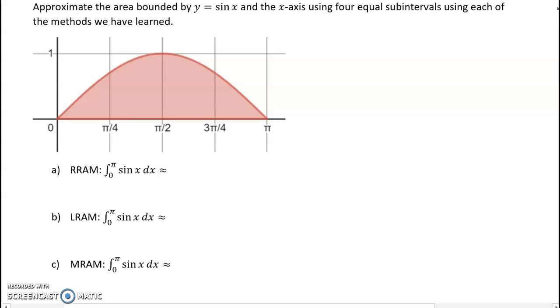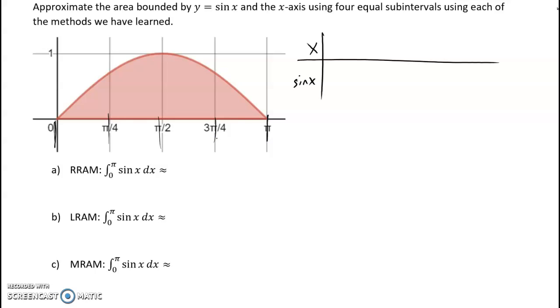One thing that might be useful in this problem, since we're going to use 4 subintervals, is to make a table of values of x and sine of x. If we're starting at 0 and going to pi, and dividing that into 4 subintervals, then this graph is convenient because it shows us each of the 5 x values we need to create those 4 subintervals, namely 0, pi over 4, pi over 2, 3 pi over 4, and pi.